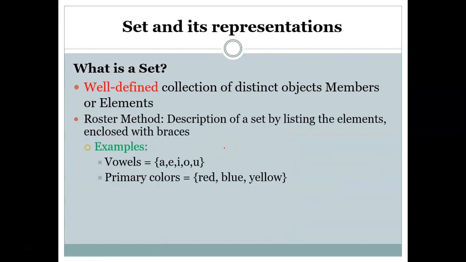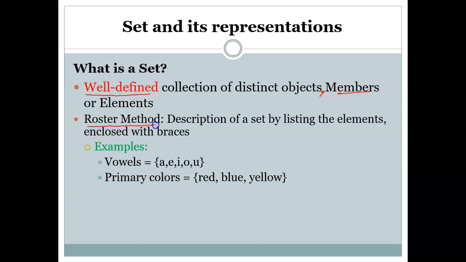So now formally, how can we define a set? A set is a well-defined collection of distinct objects or members or elements. And a set can be represented in two ways.